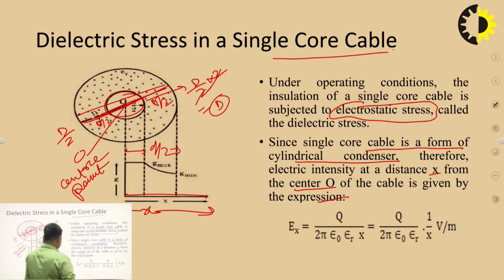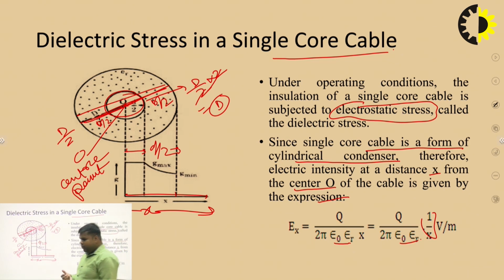The formula is taken to be Ex equal to Q by 2 pi epsilon naught epsilon r into x, where x is the distance from point O, that is Ex equal to Q by 2 pi epsilon naught epsilon r into 1 by x. This is the electric intensity E in terms of volt per meter.